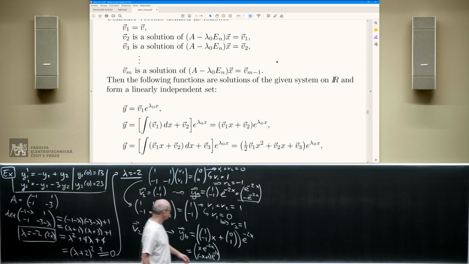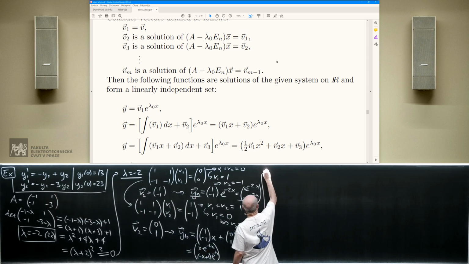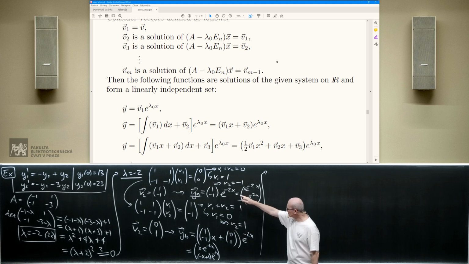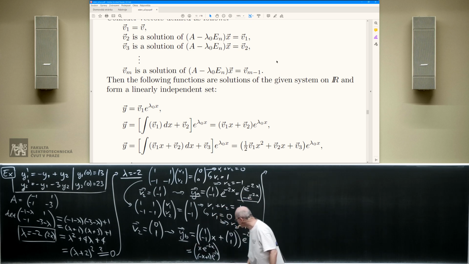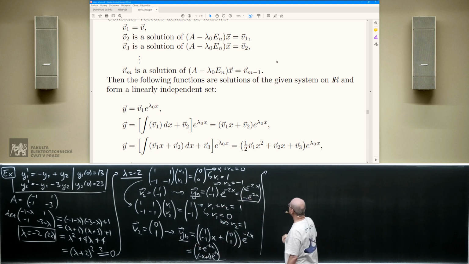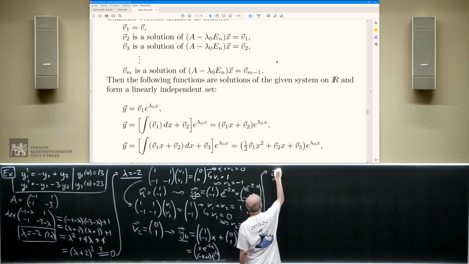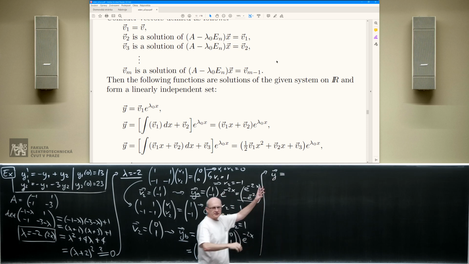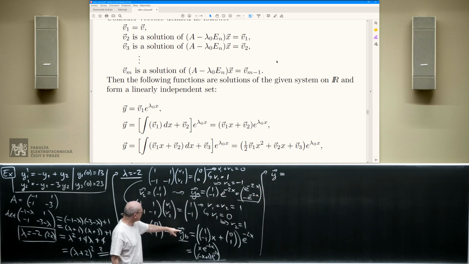Let's move on. I have two vectors for my basis. Here they are. And therefore, I can write a general solution. But I'm not writing the worst general solution yet, because this is preliminary.